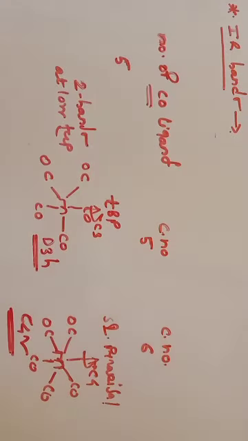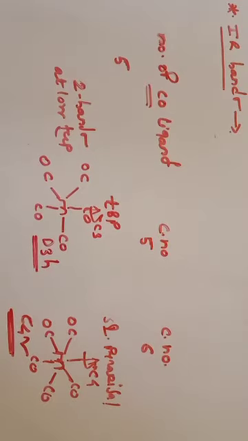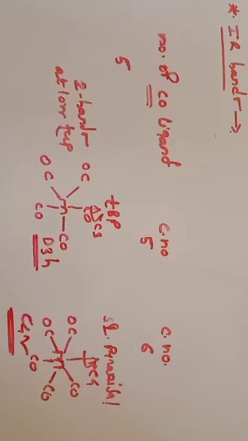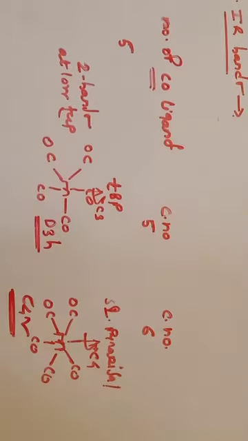And we know that whenever there is a C4 point group, we can calculate the number of IR bands by using the formula: number of IR bands equals n minus 2. Here n is the number of carbonyl ligands. There are a total of 5 carbonyls, so 5 minus 2, and we get a total of 3 IR bands for this square pyramidal shape.